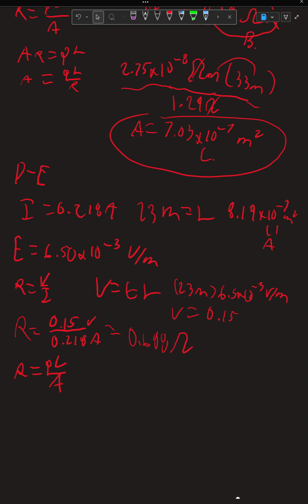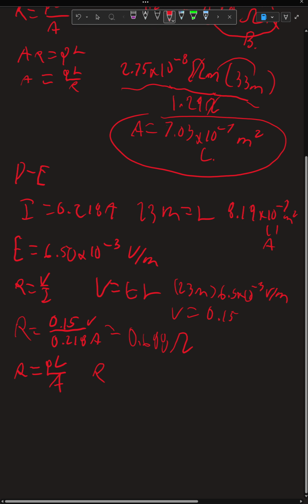So all we have to do is pretty much divide it by this right here, and that'll move it to R. Well, ρ equals AR over L. And then we just plug everything in.